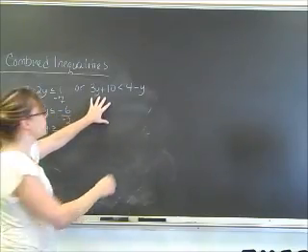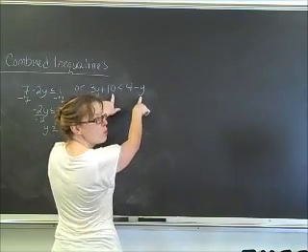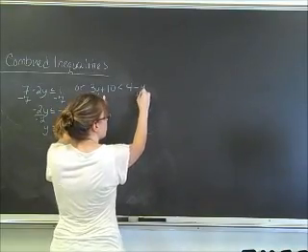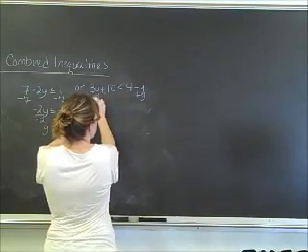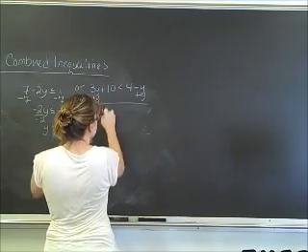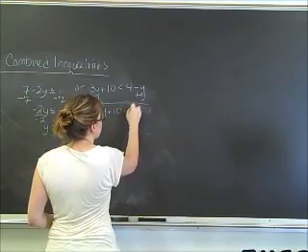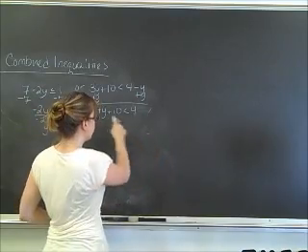Now we'll do the right. And notice we have y's on both sides, so we're going to start by getting our y's together. And then we move the number over.